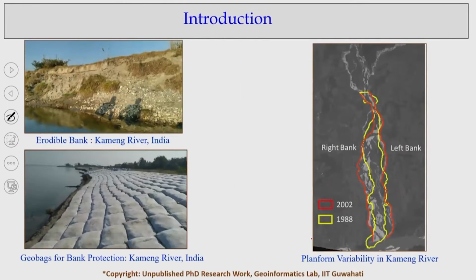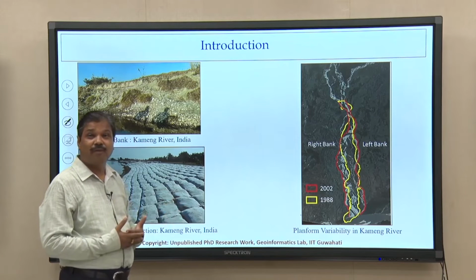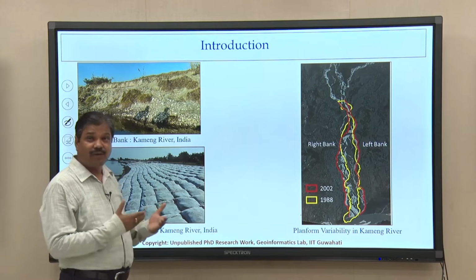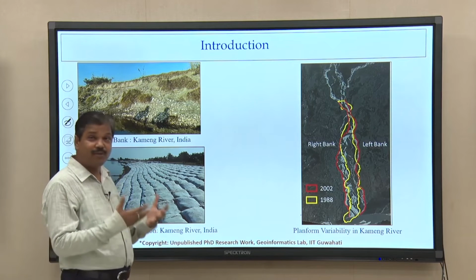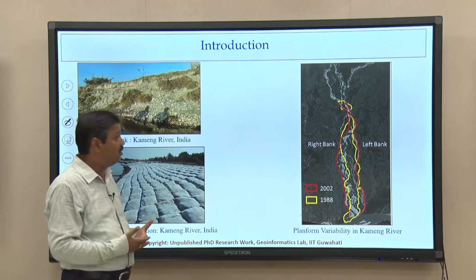Looking at the next part, as an introduction, see how the planform of the river varies. It is quite confusing, right? Nowadays it is quite easy to map the planform variability of a river over different time spans, because we can get satellite imagery almost free of cost.